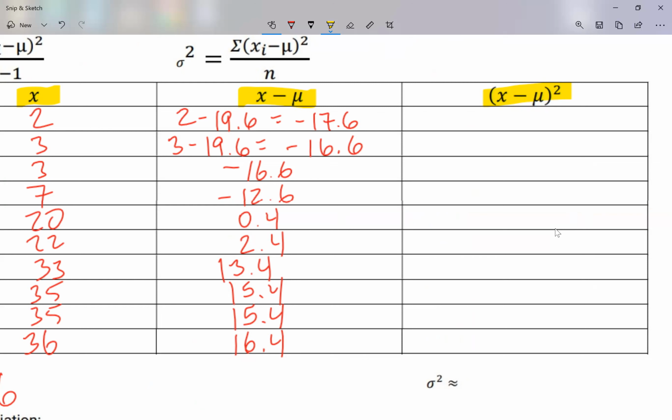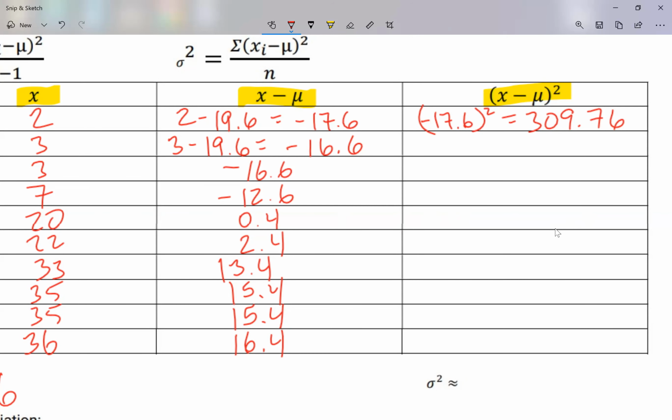Negative 17.6 all squared. The good thing is that because I'm squaring everything, everything squared is going to make everything positive. I'm not going to have negative numbers again. So negative 17.6 times negative 17.6, all squared, gives me 309.76.